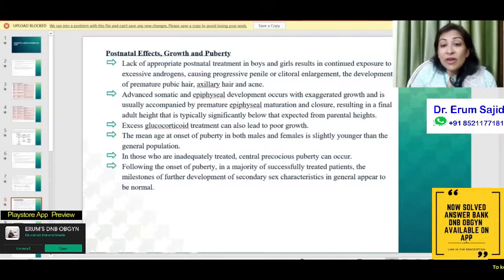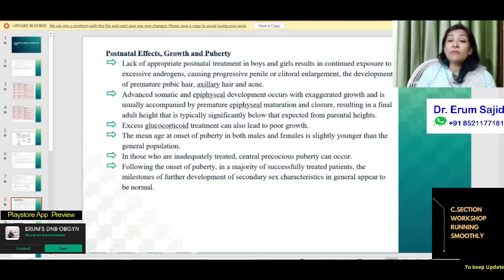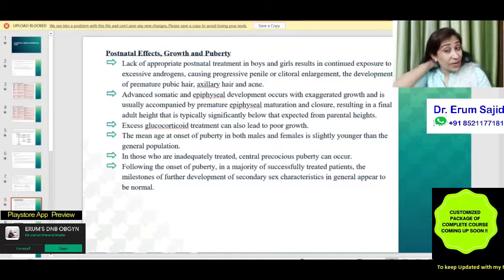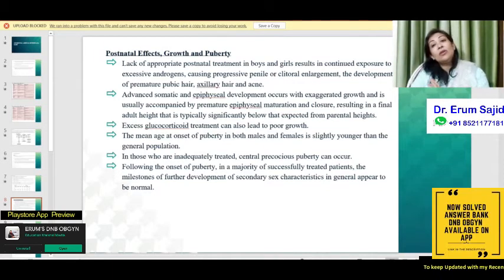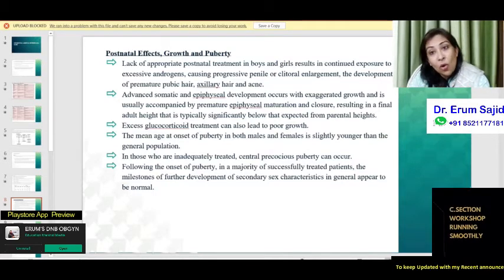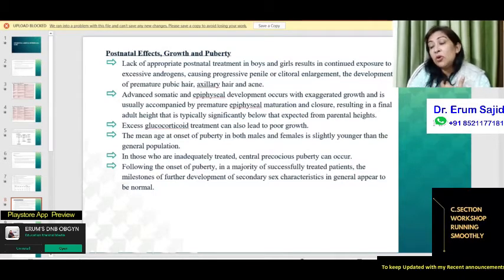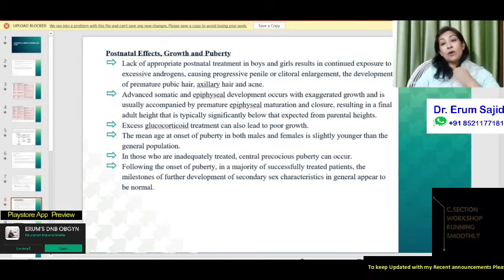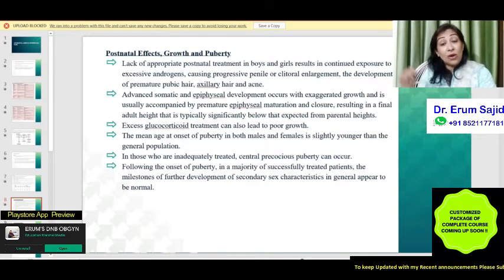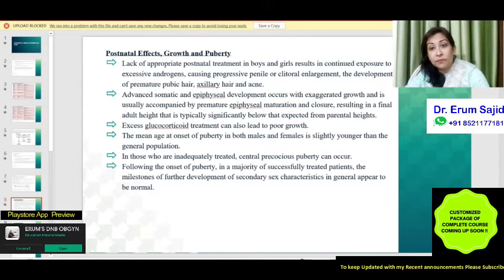Advanced somatic and epiphyseal development occurs with exaggerated growth and is usually accompanied by premature epiphyseal maturation and closure, resulting in a final height that is typically significantly low. So this is basically one of the sequelae, or one of the disadvantages of CAH, and one of the DDs for precocious puberty.